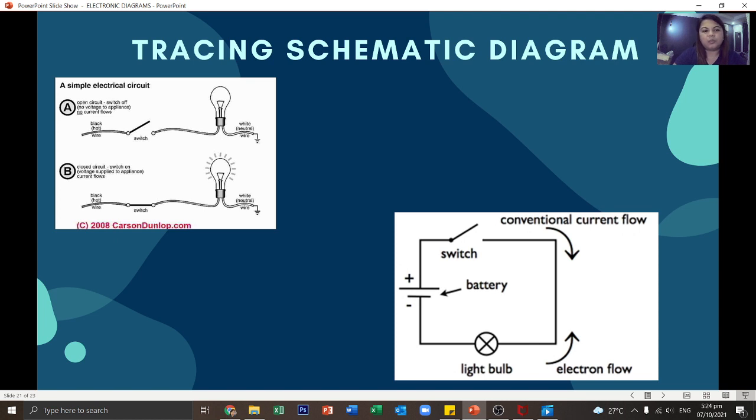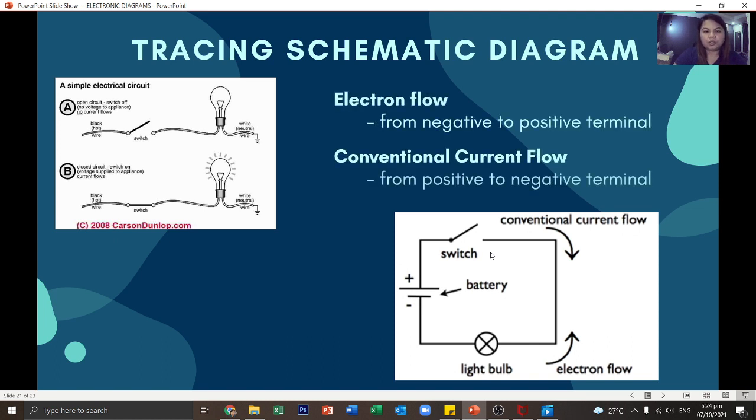That's why in all circuit diagrams, you see that the current flows from positive to negative, because we are using the conventional current flow. It is the other way around. But we should always know that electrons flow from negative to positive. Okay, is that clear? Then conventional current flow.